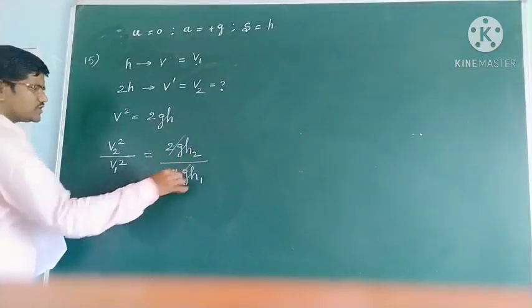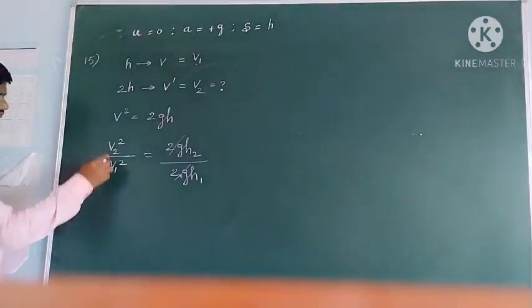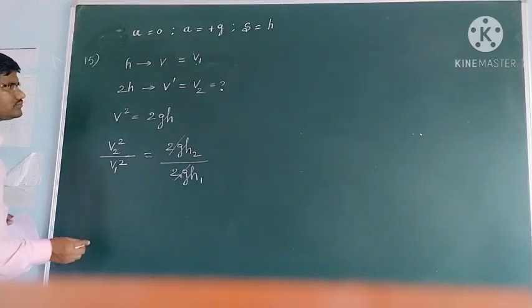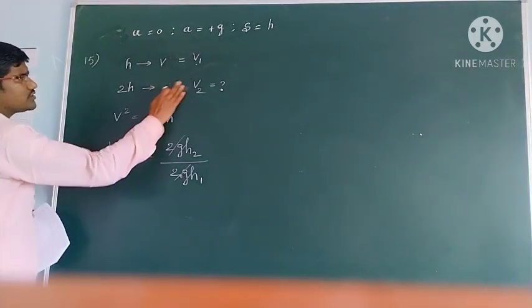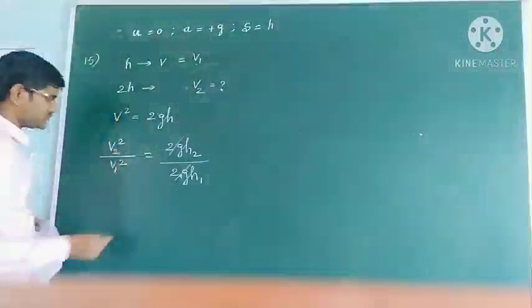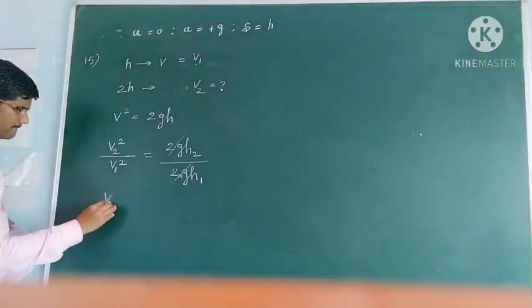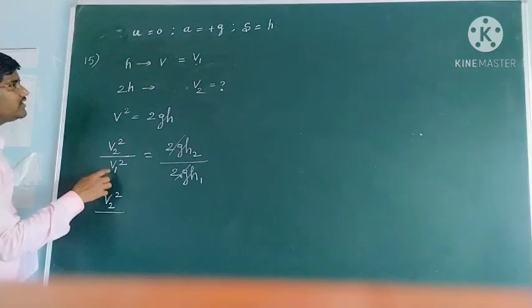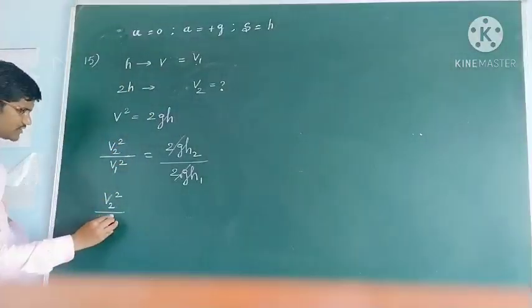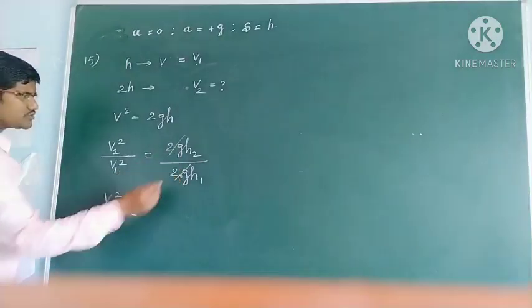This 2g gets cancelled. This v2 square I want to find, that is my question mark. So this v2 is the question mark for me after falling the height of 2h. So v2 square and v1 square. v1 square is given, v1 square means v square, and 2g gets cancelled.